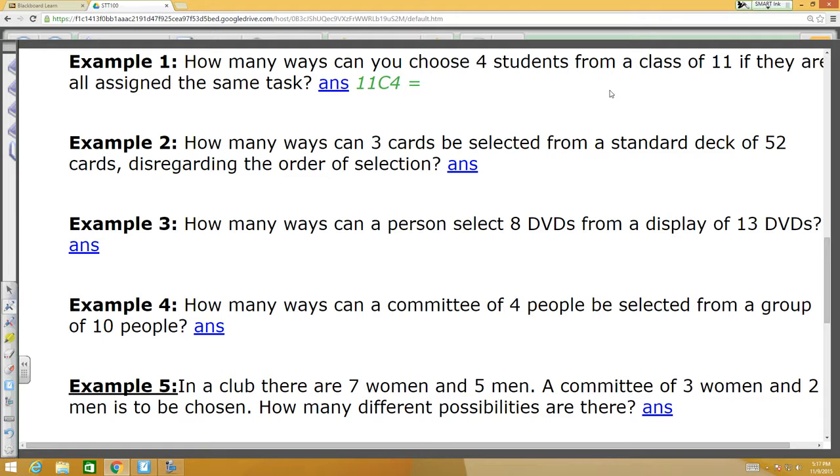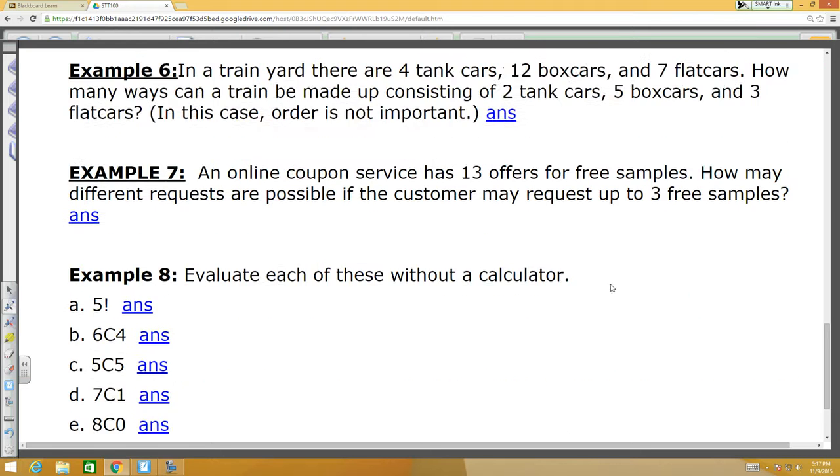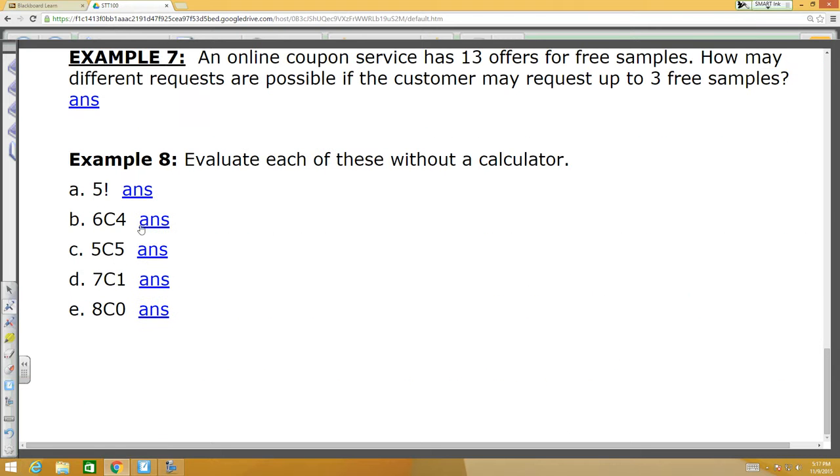At the end of the page, I'm providing how you calculate it manually. Look at this example, 6C4. You multiply 6 times 5 times 4 times 3, and you have 4 numbers because of the 4 here. Then you divide by the factorial of 4, which is 4 times 3 times 2 times 1. Okay, so I think the use of the calculator is easier.